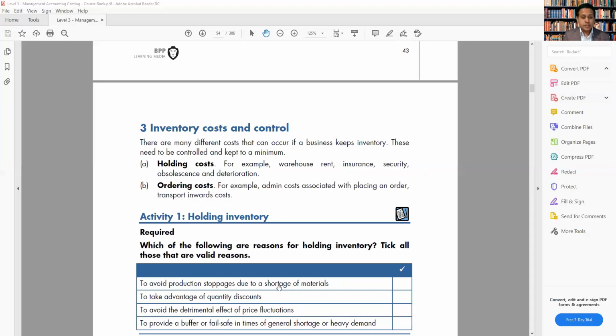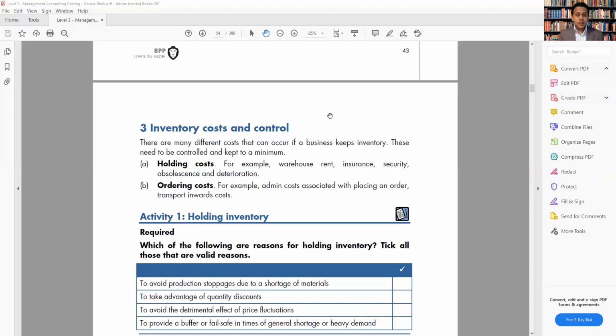Number one. Number two is when we value the inventories, there is some formula, some techniques or methods for valuation of the inventory that we already discussed last week. We have LIFO, FIFO, and AVCO. So today we're going to see how it actually works.